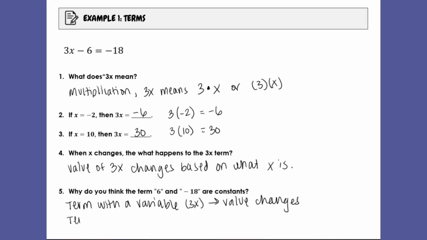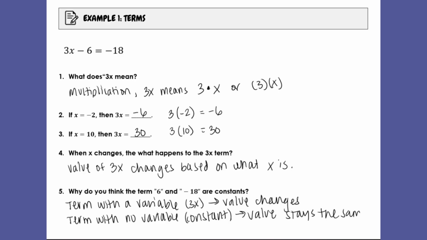If you have a term with no variable, which is essentially in most cases a constant, then the value stays the same. Meaning, if you look at 6 and -18, -18 is -18. It's not going to change. -18 is just a number. It's something you can find on a number line. There's no variable attached to it that would change the value of that term.